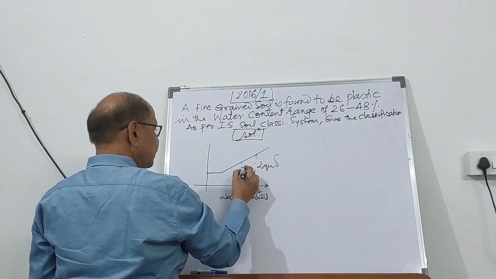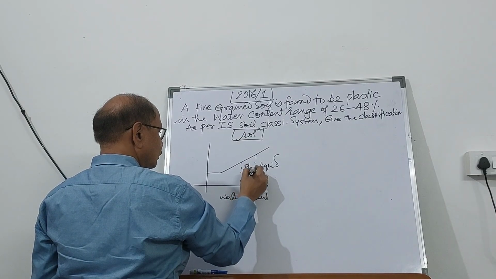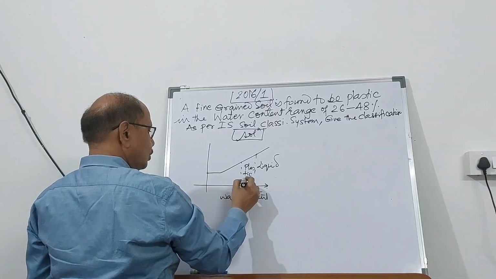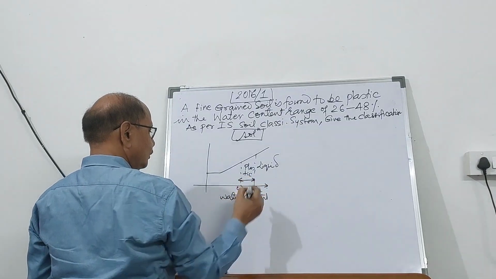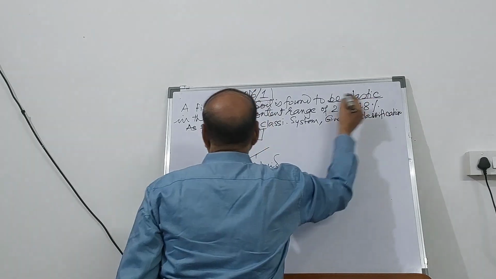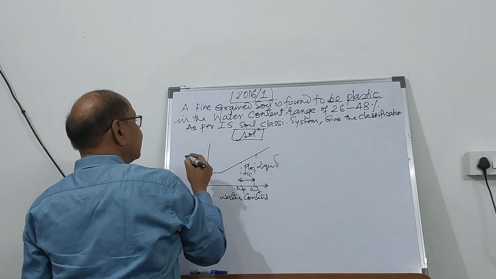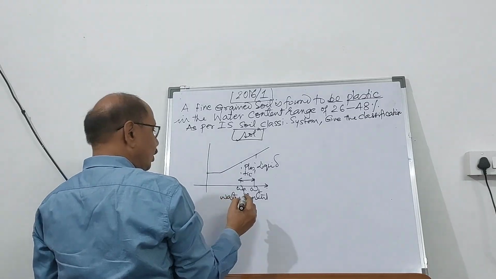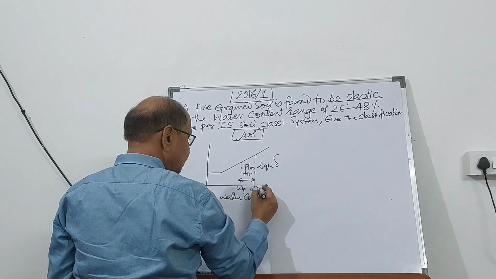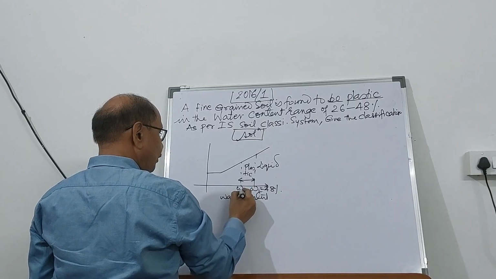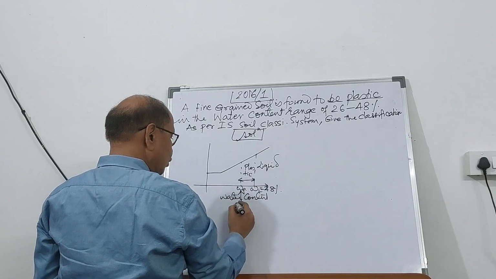Beyond this, it remains in plastic condition, and this is called WP. So it is in this range, plastic range. It is given that it is plastic in the water content range of 26 to 48%. So WL is given to you as 48% and WP is given as 26%.